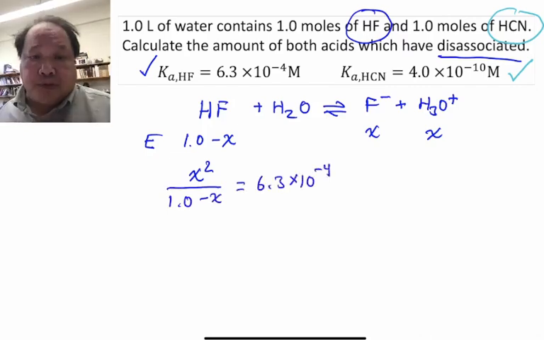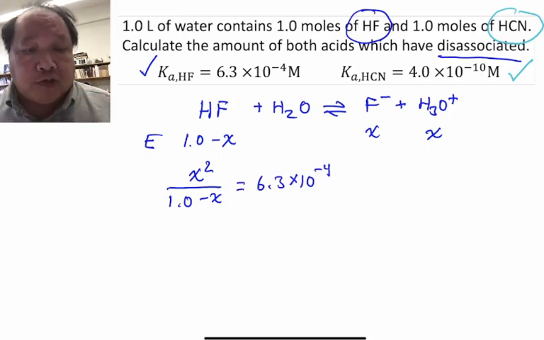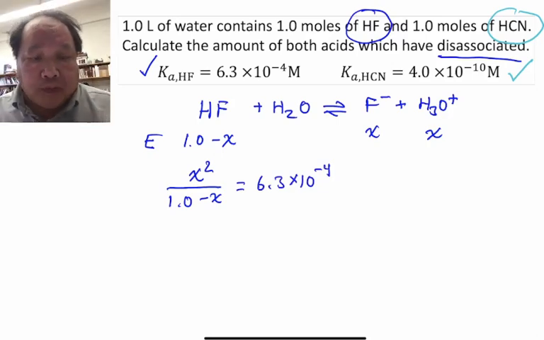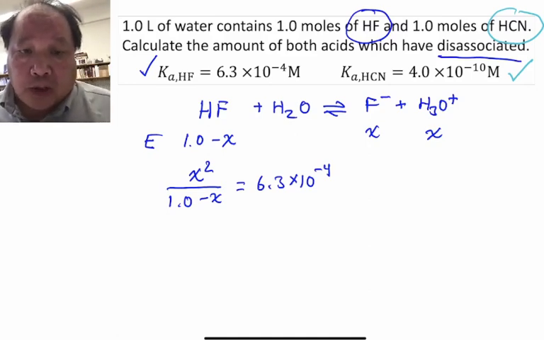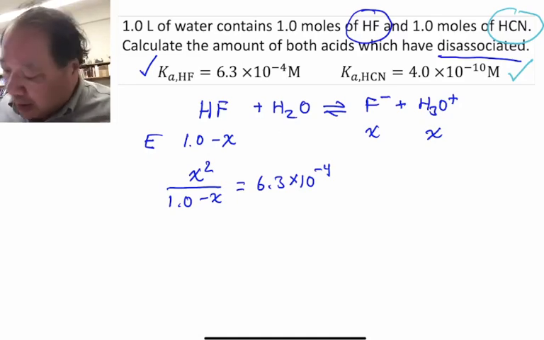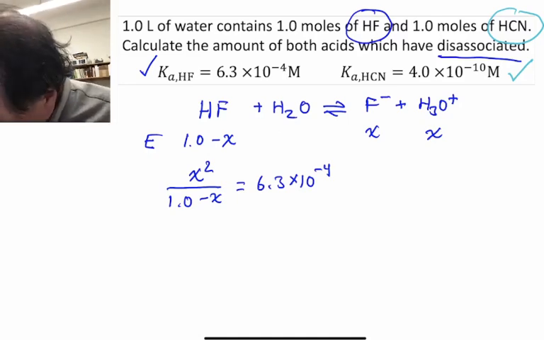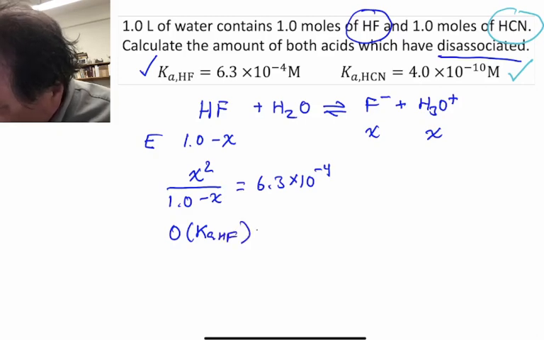And now please pause the video and see if you can solve for the orders of magnitude of all the key terms in this expression. Good. So we can see that the Ka is much smaller. Its order of magnitude for HF is minus 3.